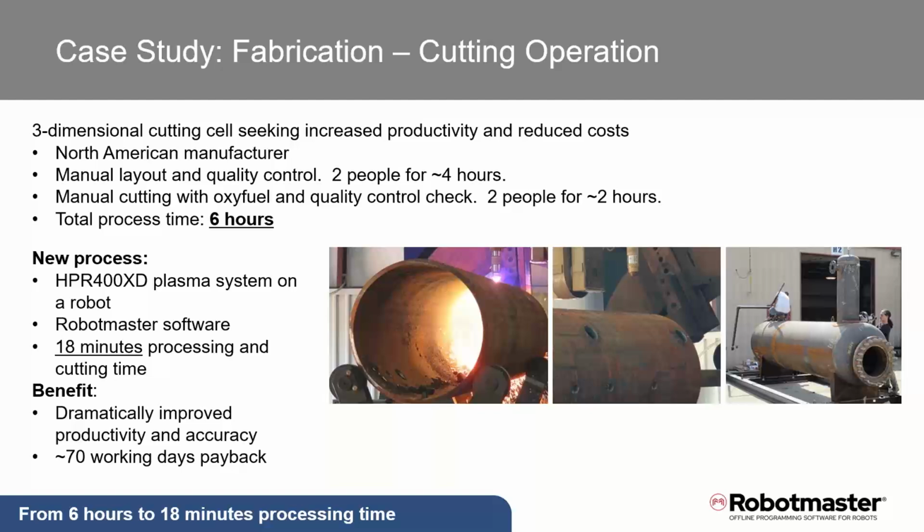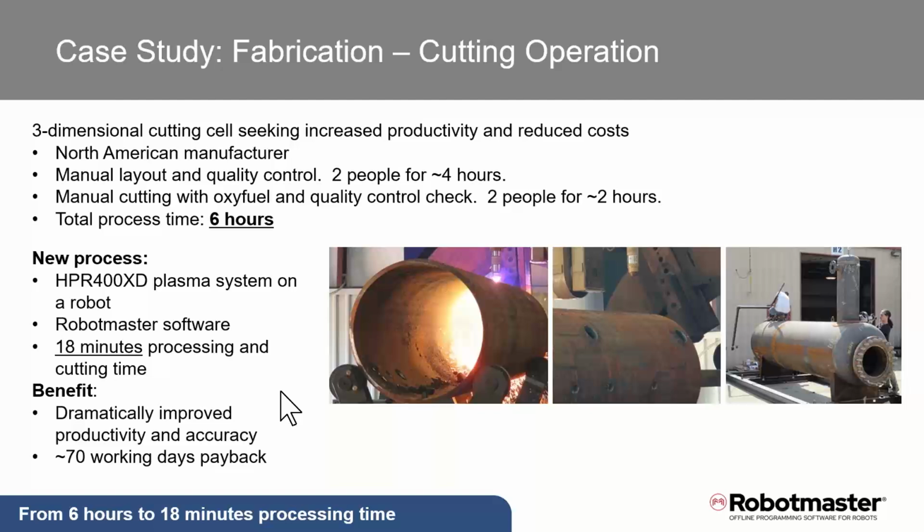This was a massive bottleneck in their system, and it was going to be very expensive to try to parallel path that. Plus, they had skilled labor issues, not being able to hire welders to do this stuff that frankly they didn't want to do. Welders want to weld, and they don't want to spend time on some of these other tasks.